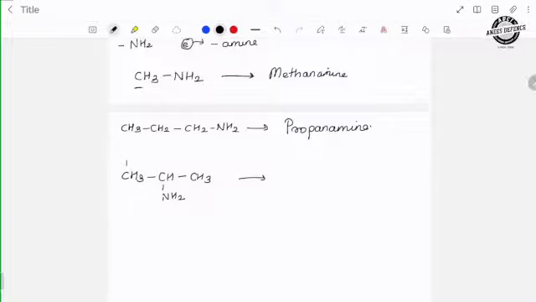That becomes 1, 2, 3. At the second position, you have an amine group. So that is propan-2-amine, or you can write propane-2-amine. No issues.